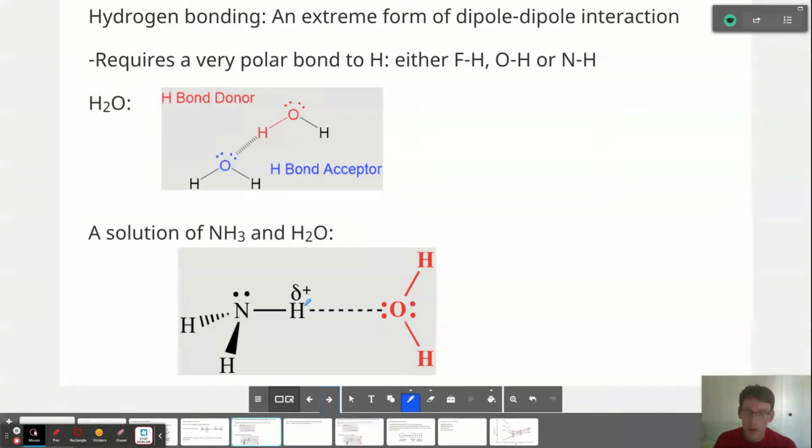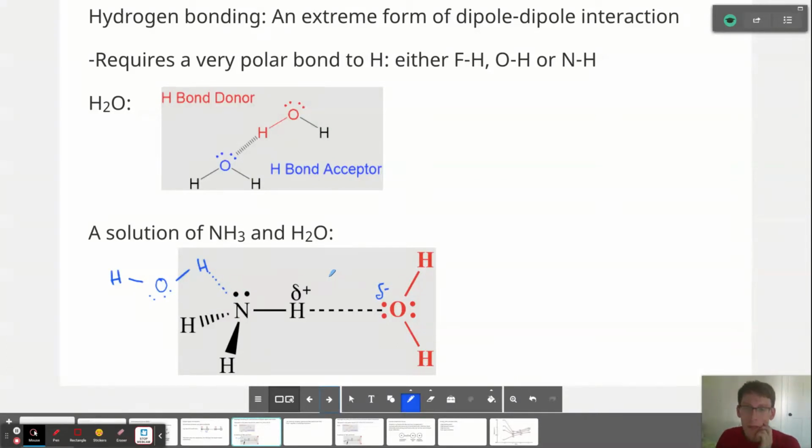The partially positive hydrogen of NH3, for example, may interact with the partial negative on the adjacent water molecule. Additionally, you could have a case where the H of one water is attracted to the lone pair on the nitrogen of an NH3. This is possible as well.